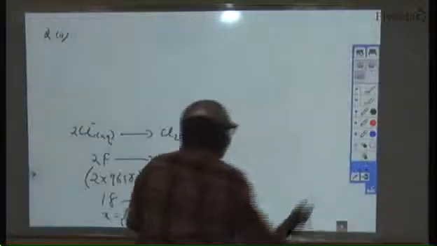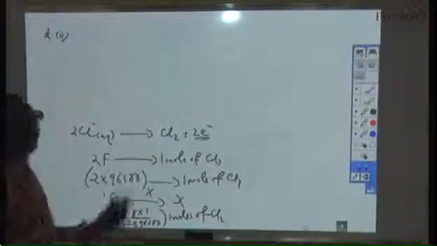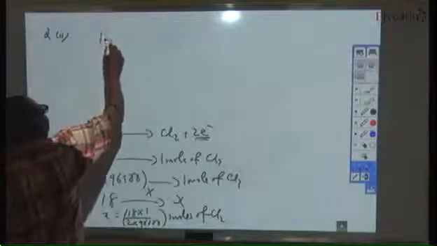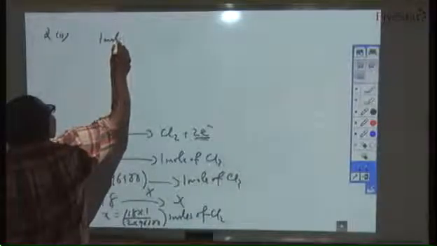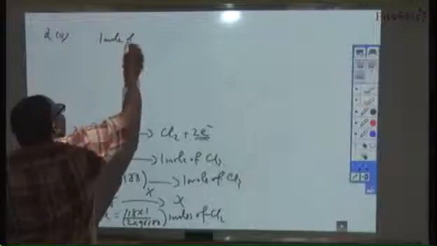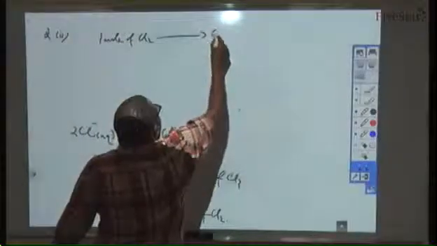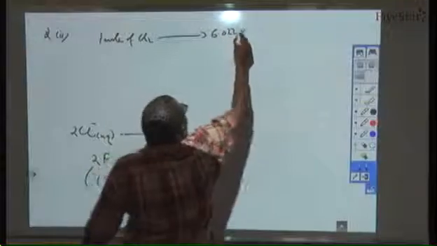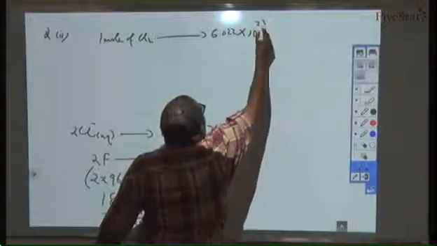But we know that 1 mole of chlorine contains 6.022 times 10 to the 23 molecules.